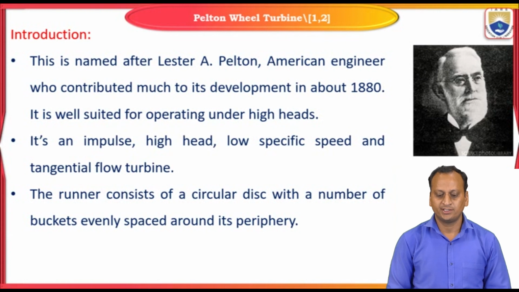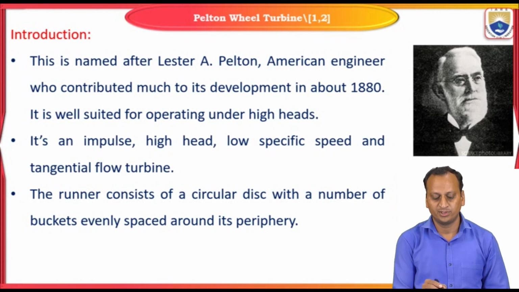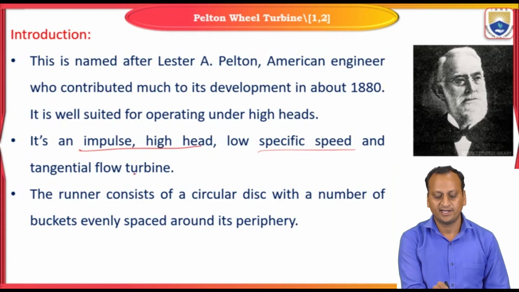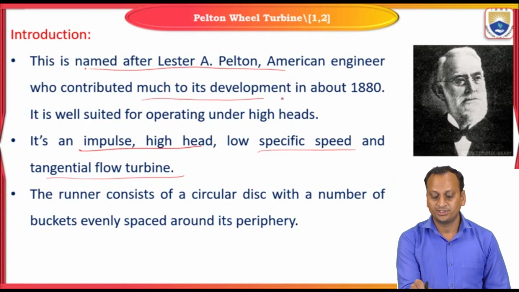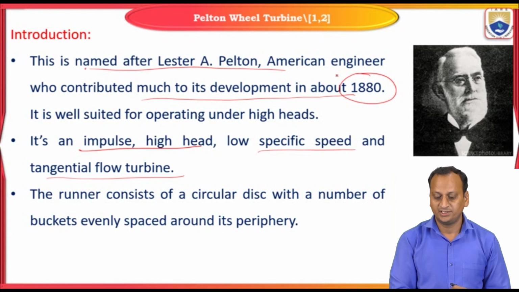So basically the Pelton wheel turbine is nothing but an impulse turbine. First thing, it is a high head, low specific speed and tangential flow turbine, which was invented by Lester Pelton. So this is named after Lester Pelton, an American engineer who contributed much to its development in 1880.